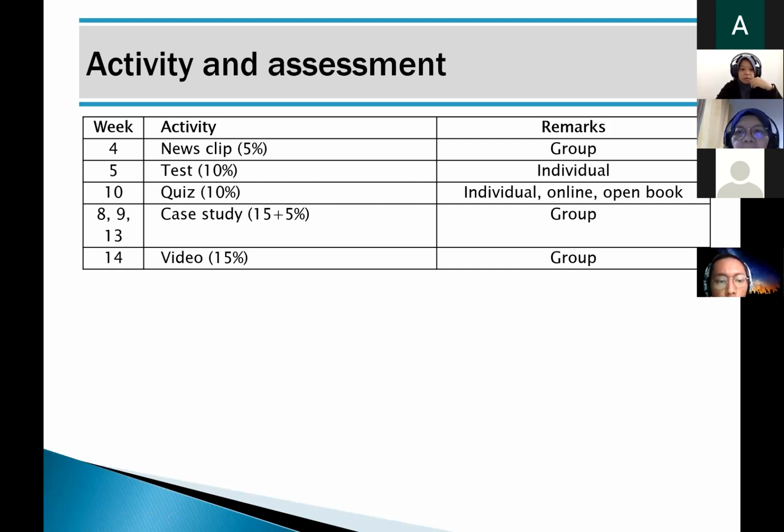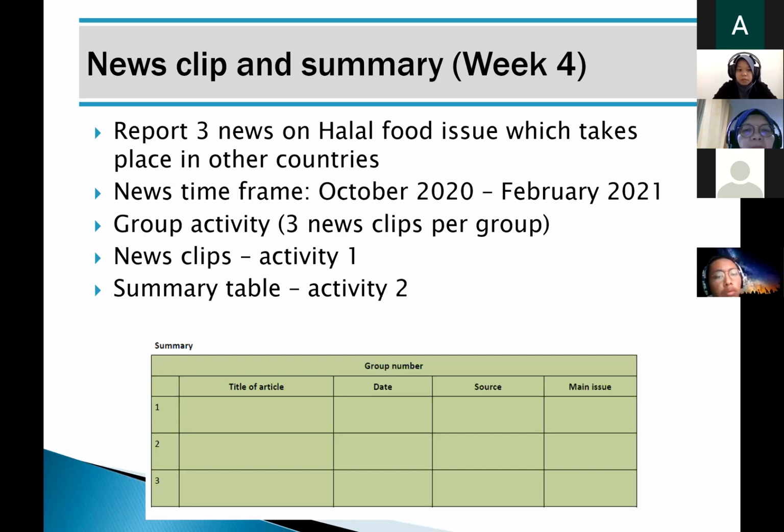Assalamualaikum warahmatullahi wabarakatuh. Good morning. Okay, you have several things that you need to do. The first thing that you need to do is to get into your groups and find 3 news clips, which is supposed to be submitted on week 4, as early as week 4. So this is the guideline.